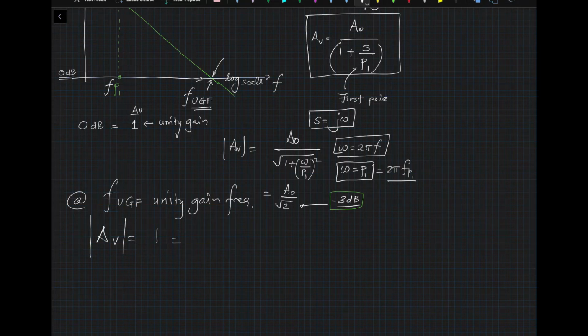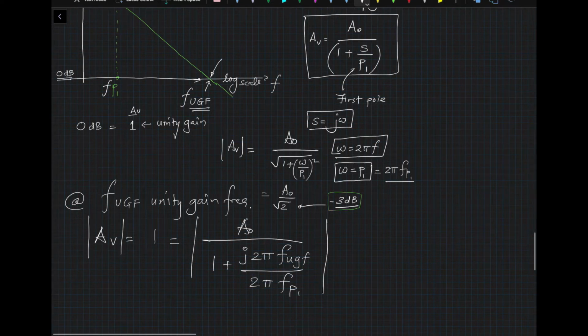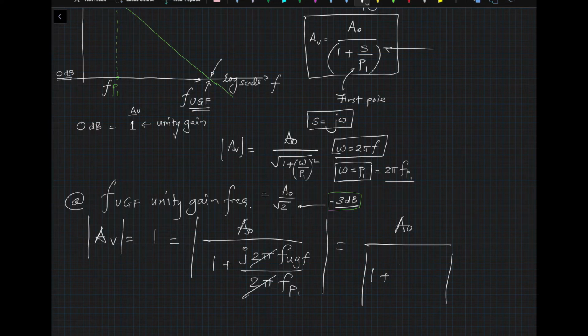So we can say that A0 divided by 1 plus S, which will be j 2 pi F UGF divided by 2 pi F P1. All I'm doing is substituting in this particular equation. And this will be equal to A0 divided by mod of 1 plus, the 2 pi will go away, j times F UGF divided by F P1.